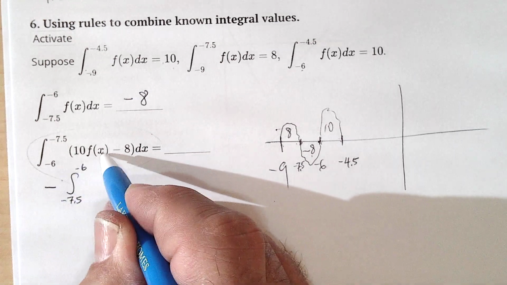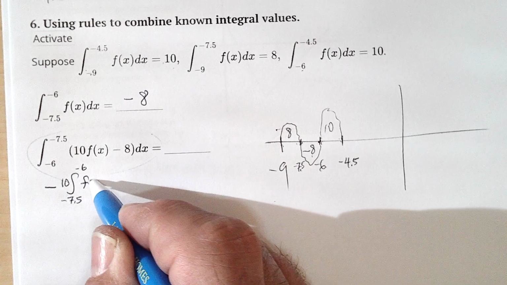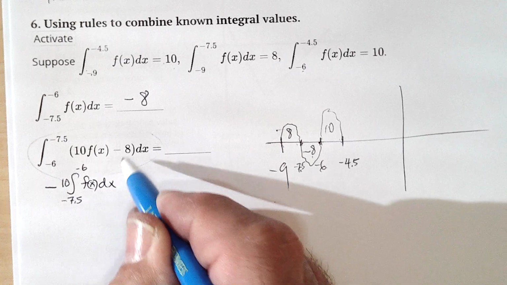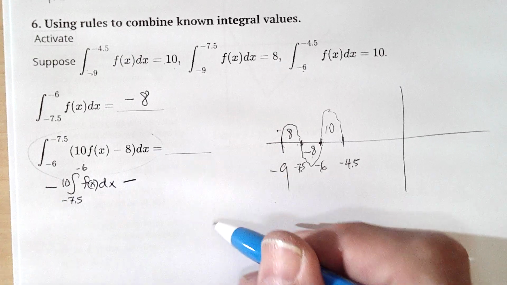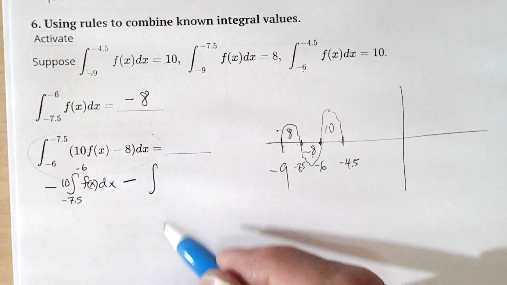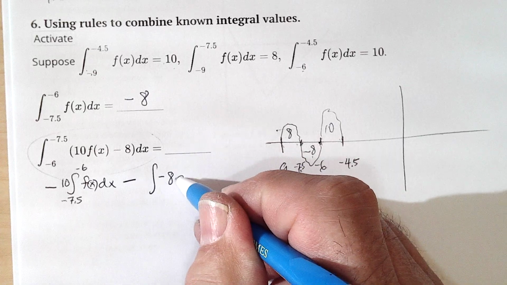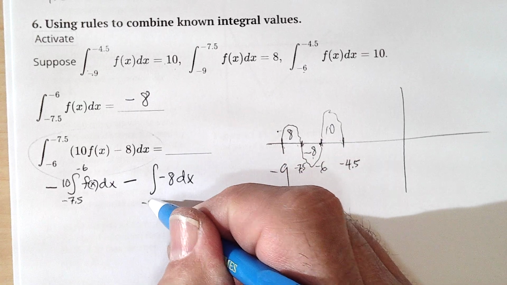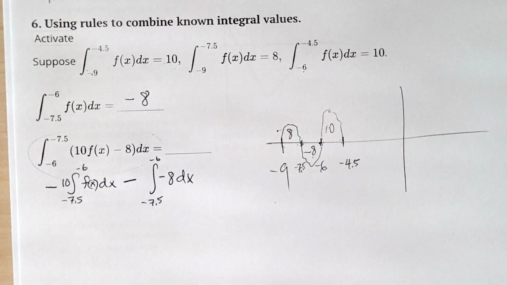And the 10 is times this, so I can pull out the 10. And it's subtract, so I can split this into another integral, minus the integral of -8 dx from -7.5 to -6.